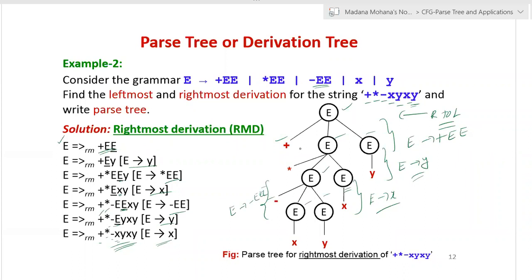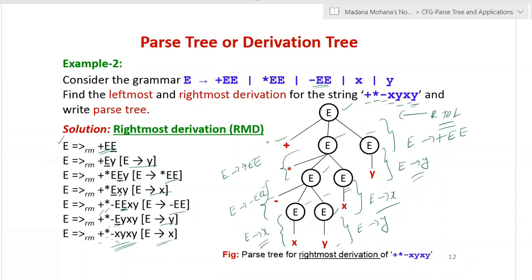Now for this the corresponding production is E derives into EE. Now the rightmost variable E is replaced by y, so the corresponding production is E derives y. Next only one variable E is left, that is replaced by x. So here the corresponding production is E derives x.